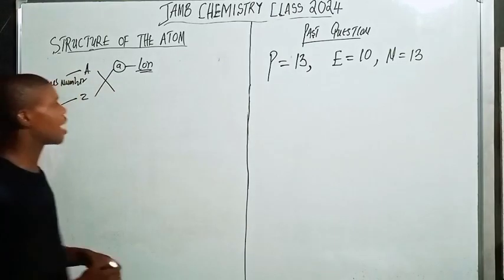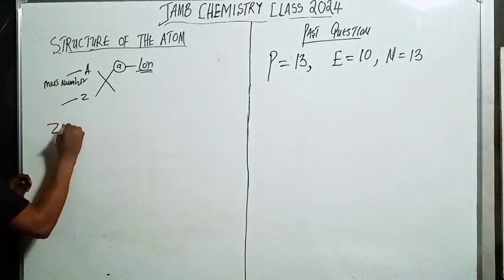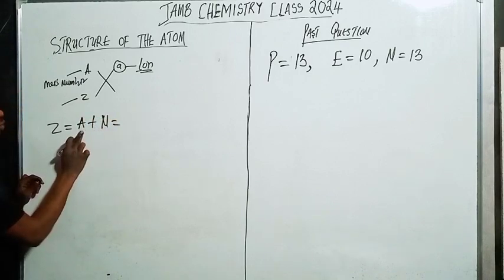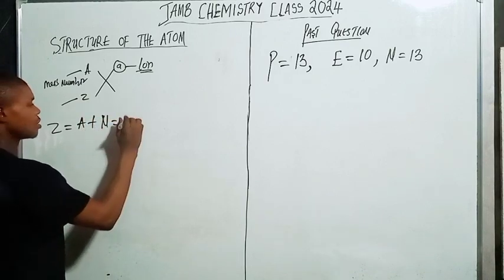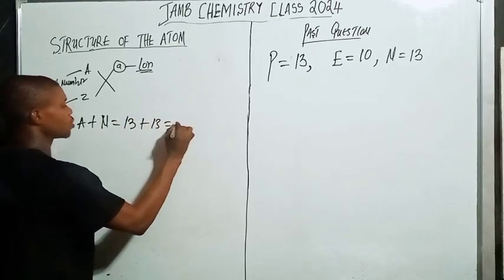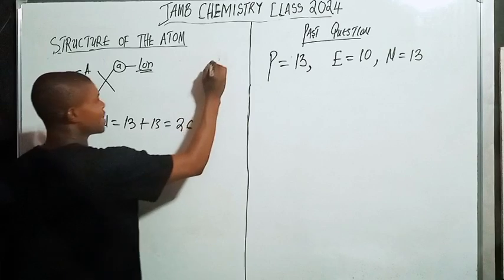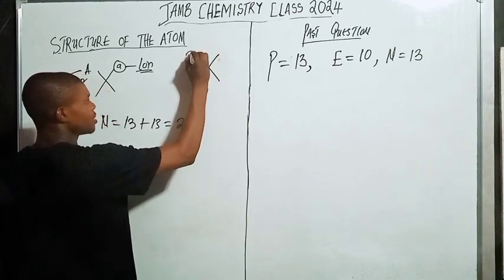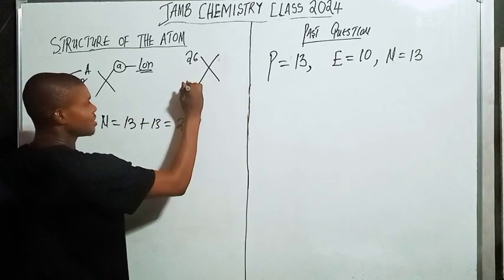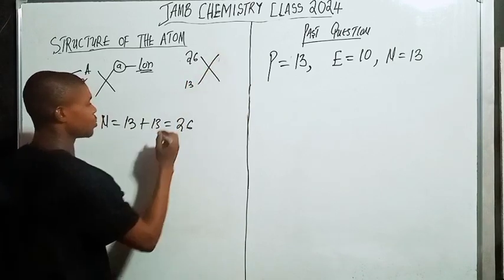Mass number A is Z plus N, right? My Z is the proton number, which is 13, plus neutron number 13, you get 26. There's my X here. My X here is already 26, right? A is the proton number, which is 13, right?